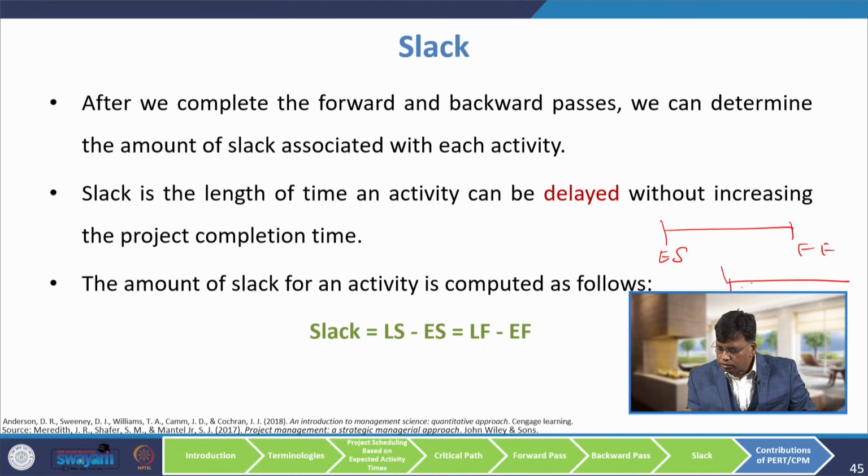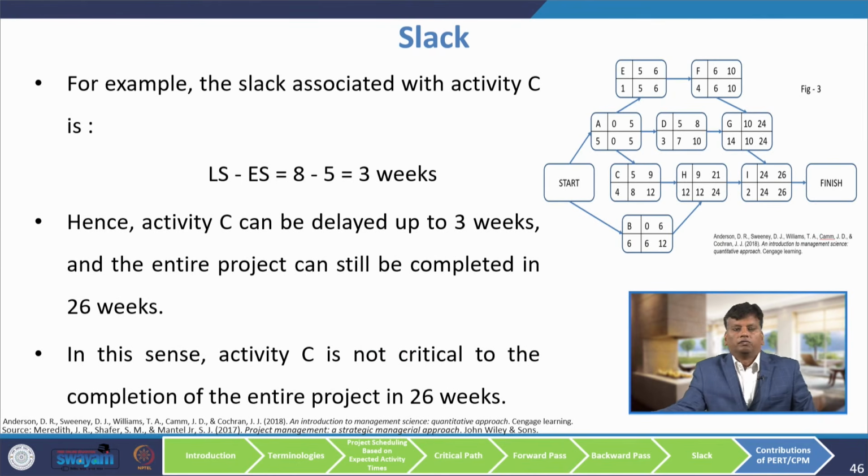Suppose this is latest starting time, latest finishing time. So, this difference is called your slack. For example, the slack for activity C is here 8 minus 5 is 3. Hence, activity C can be delayed up to 3 weeks and the entire project can still be completed in 26 weeks. In this case, activity C is not critical.